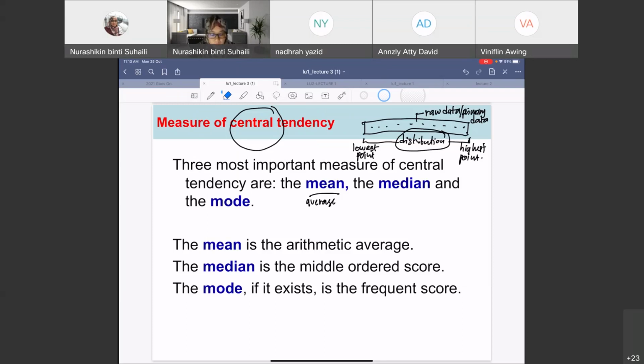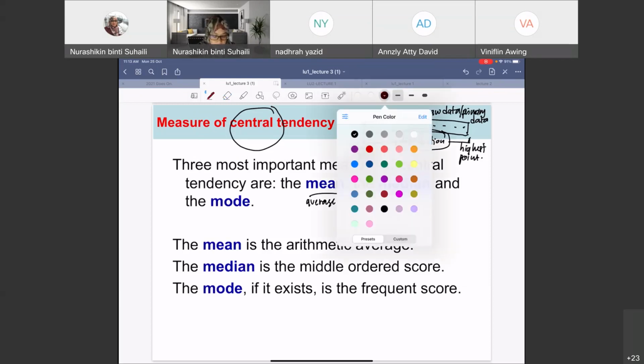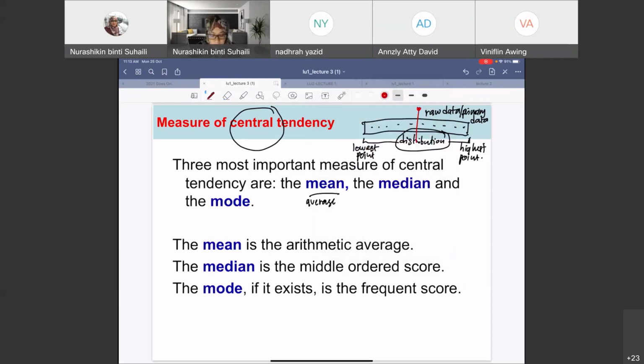Let's say you have the lowest point and the highest point. So what's the mean? The mean will actually sit in the middle, isn't it? Because it covers the middle point of your distribution. So it's something in the center. Okay. Median is the central value.